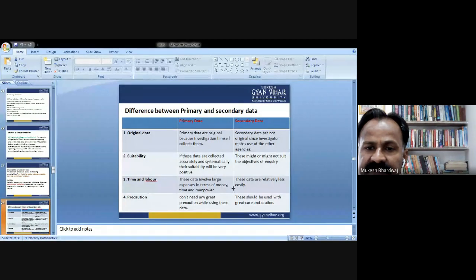Whereas secondary data are relatively less costly. In terms of precaution, primary data don't need any great precaution while using them because you had directly collected that data. Whereas secondary data should be used with great care and caution. Okay, so this is all about primary and secondary data.